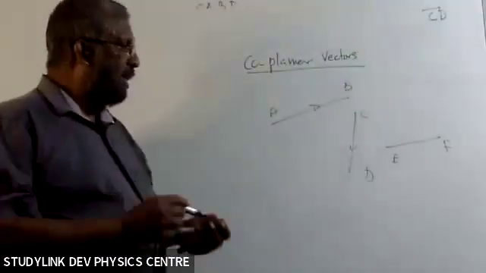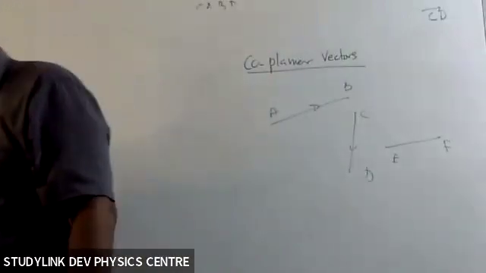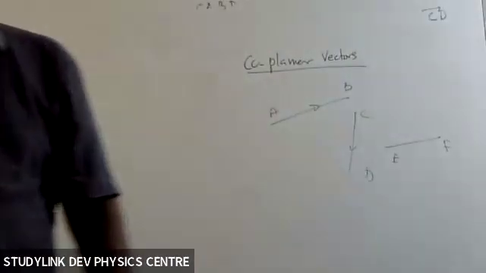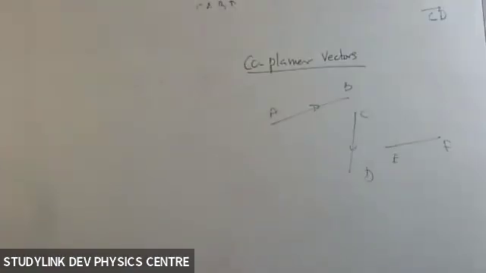Then write. Now consider vectors AB, CD and EF are on the plane of the board.